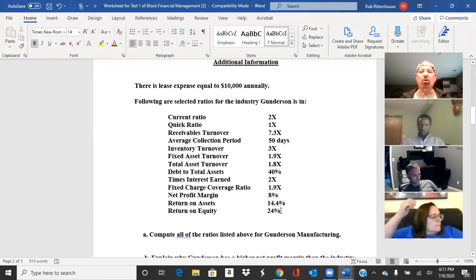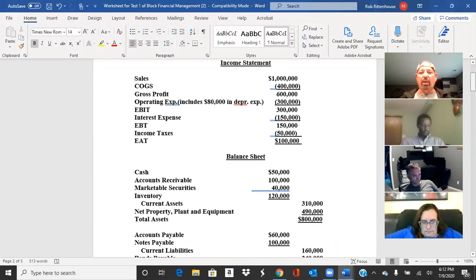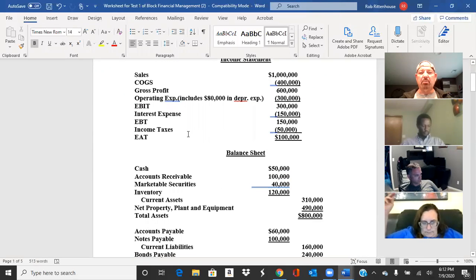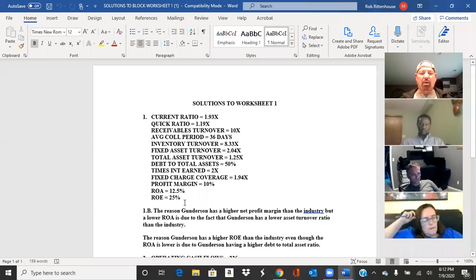Finally, return on equity. That's net income divided by stockholders' equity. So again, your net income from the income statement there is 100,000. Stockholders' equity from the balance sheet is 400,000. 100,000 over 400,000 is, of course, going to give us 1/4 or 25% as the return on equity.